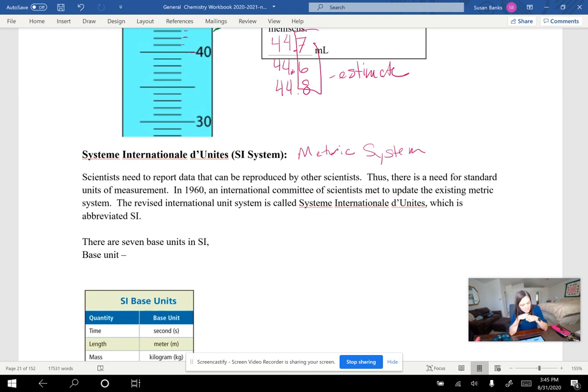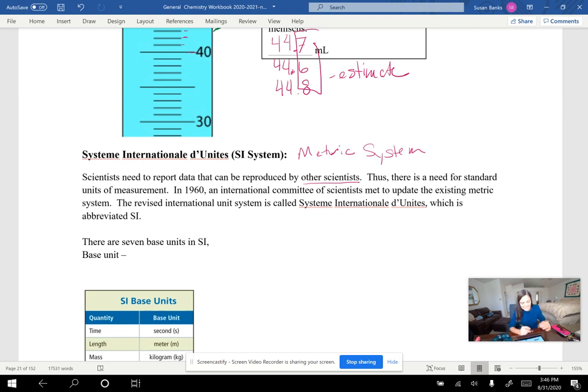Anyway, scientists need to report data that can be reproduced by other scientists, because other scientists send their papers worldwide and they all want to make sure that it's good so that other people can do it. And when other people can do it, doesn't that reinforce the idea? Yes. So there is a need for a standard system of measurement.